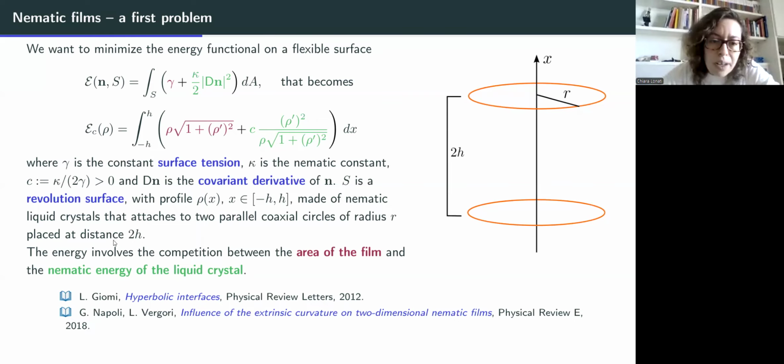In particular, there are two works in which a problem similar to this was studied, one by Giomi in 2018 and one by Napoli and Vergori in 2018. Now, Giomi mainly studies the same problem but with different techniques, with mainly a more differential geometry approach. And Napoli and Vergori use some numerical approach, and they do not really study the minima, but just the critical points of the functional.